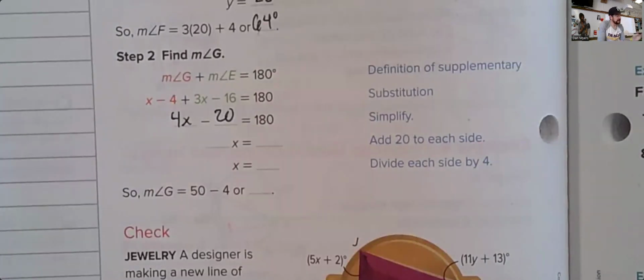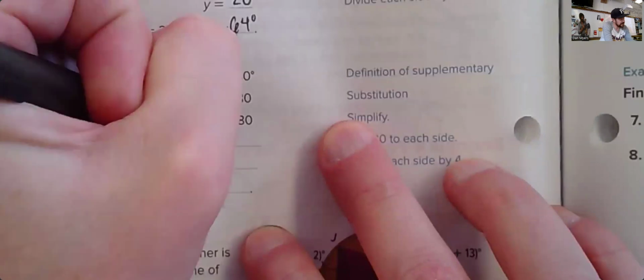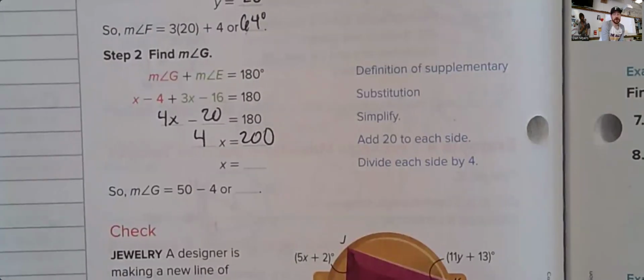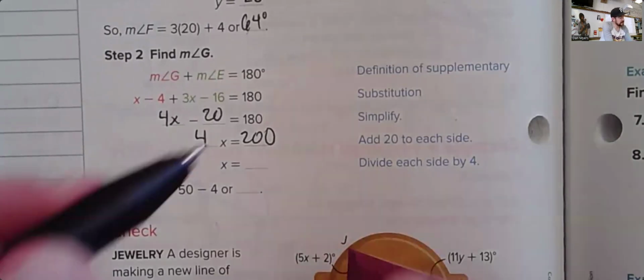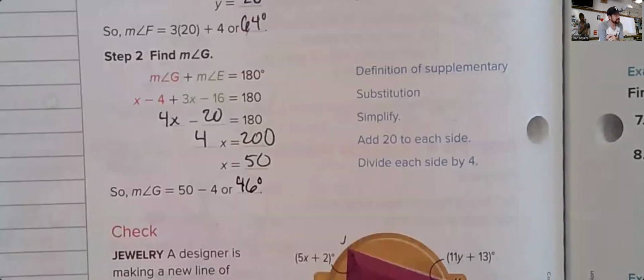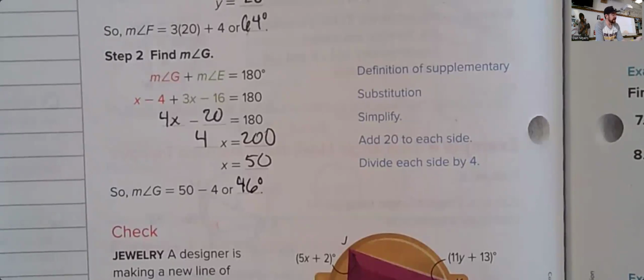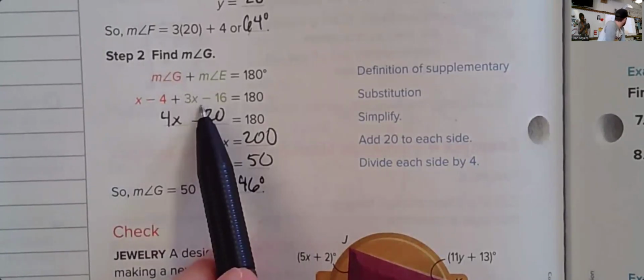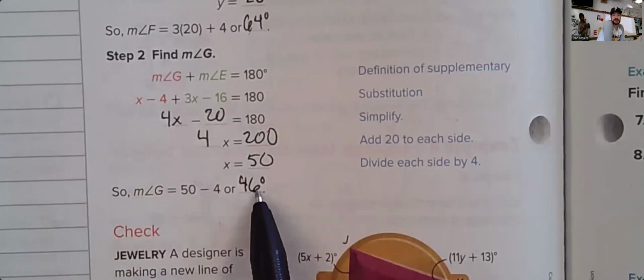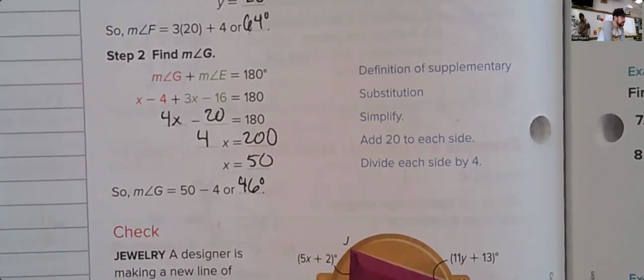This time we'll add 20 to both sides. So that'll be 4x equals 200. And 200 divided by 4? 50. All right. So that means that the measure of angle G is 50 minus 4, or 46 degrees. So if we plug back in here, we should end up getting 134 degrees. Let's see, 50 times 3 is 150. 150 minus 16 is 134, which adds with 46 to be 180. So it all checks out.